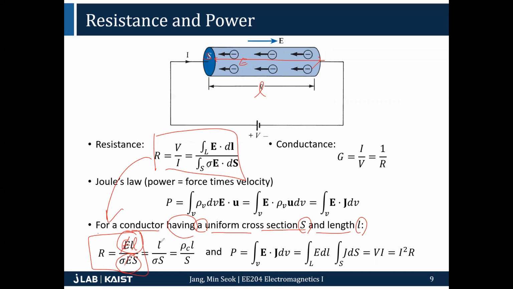E cancels, so L divided by sigma S is the resistance of this rod. The power can also be calculated from this relation, and you can realize that this power is actually VI or I squared R, the equation that you know from circuit theory.